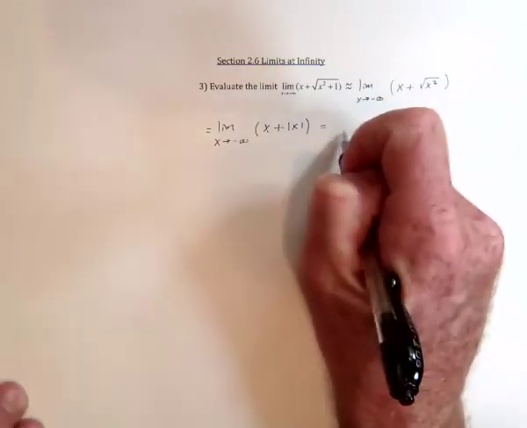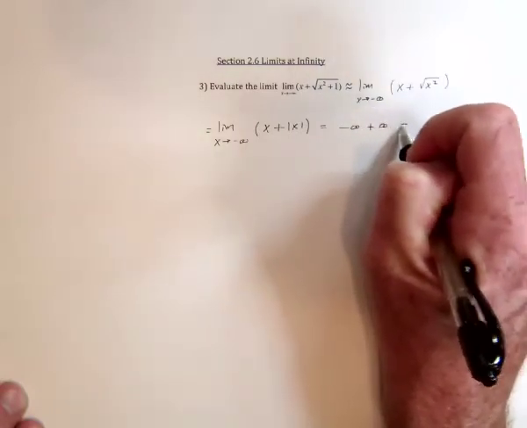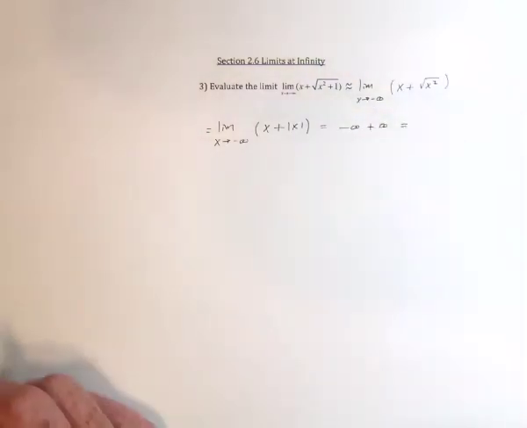And so that's going to be negative infinity plus infinity, which equals 0 in this case.